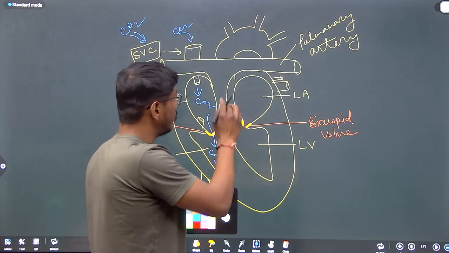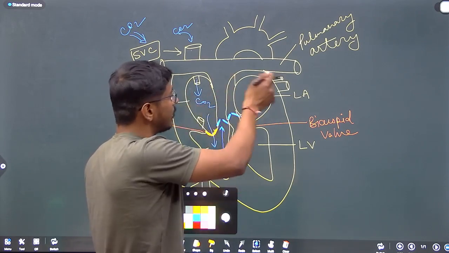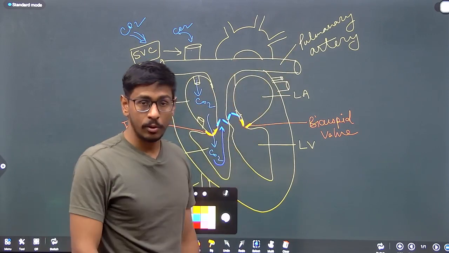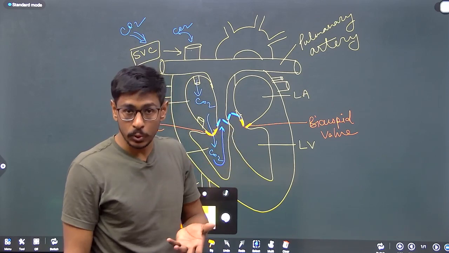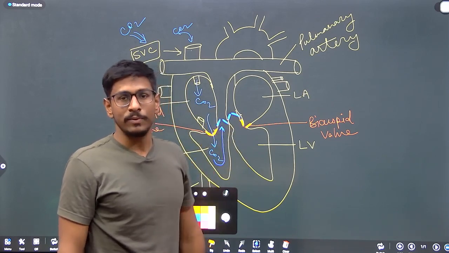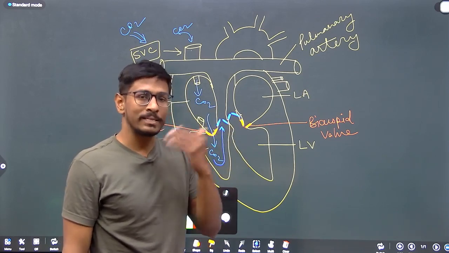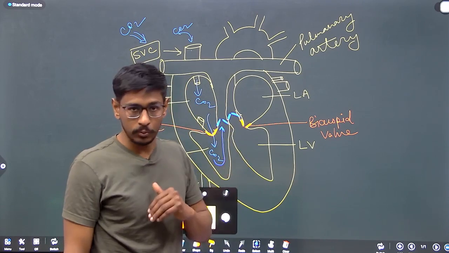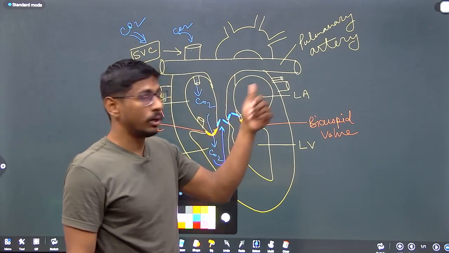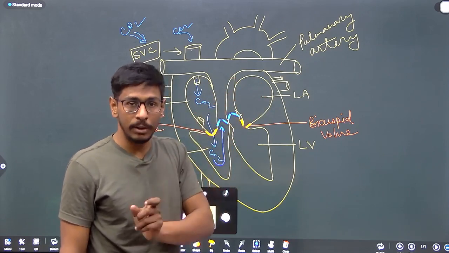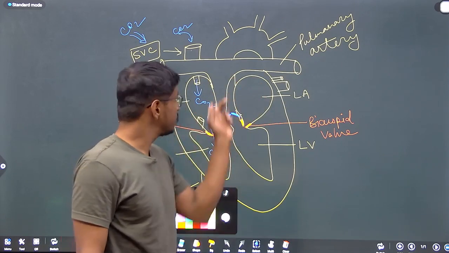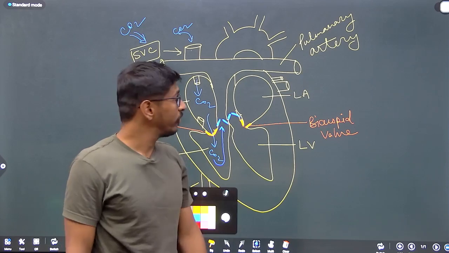Basically this artery is going to the lungs. Why is this blood, which has CO2, going to the lungs? The answer is very simple, because we exhale CO2 and inhale O2. So in order to give this CO2 present in the blood to the lungs, this blood goes to the lungs via the pulmonary artery.